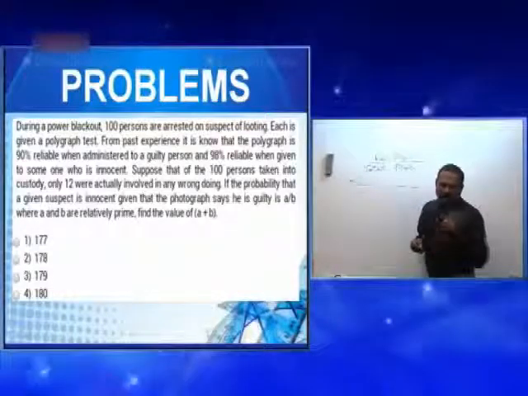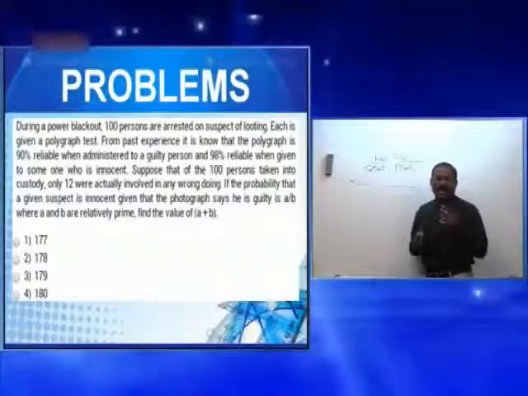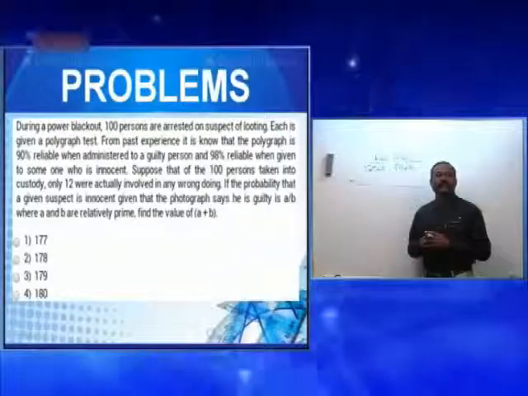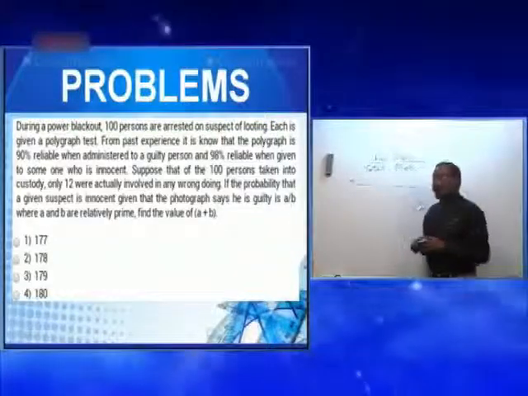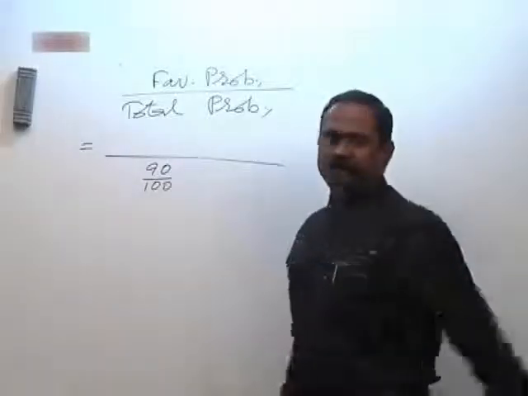So what is the probability here? Let us first write the guilty person. A guilty person is 90% reliable whenever the polygraph is applied, so 90 by 100.